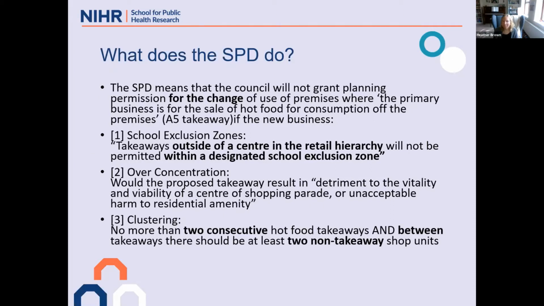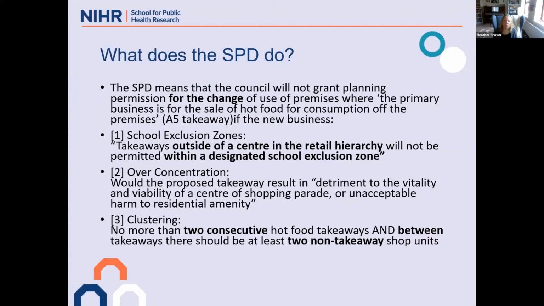Basically, the council states it will not grant planning permission for the change of use of premises where the primary business is the sale of hot food for consumption off the premises. So that is a takeaway. What that also means is that existing takeaways can still continue to operate, but a new takeaway will not be able to open in one of these exclusion zones.